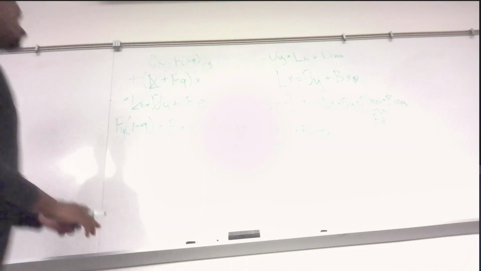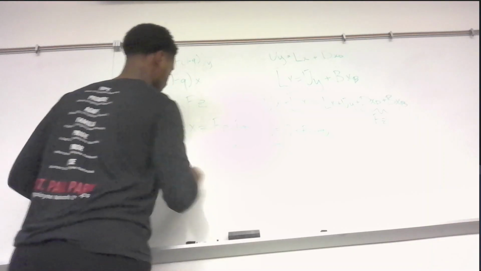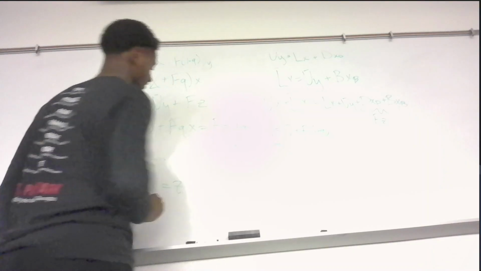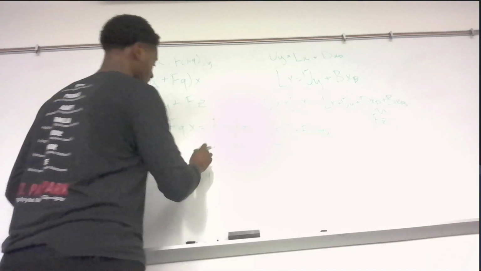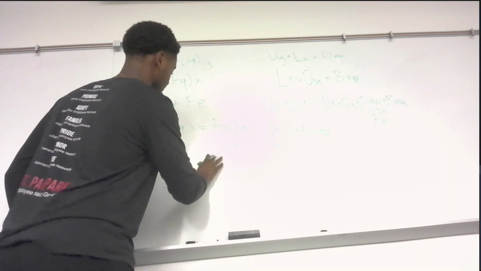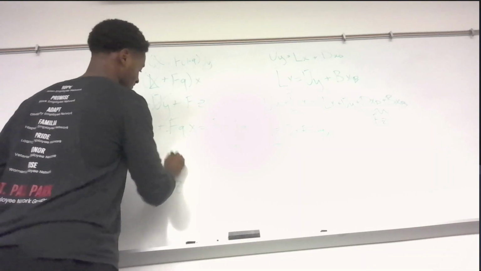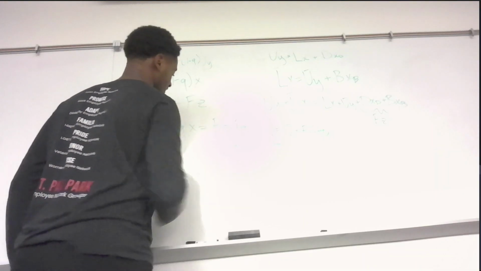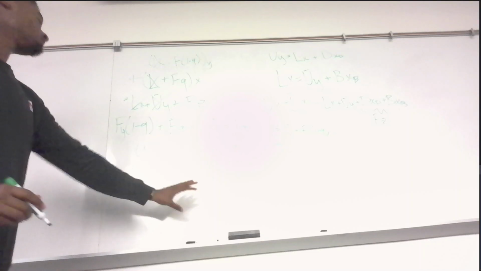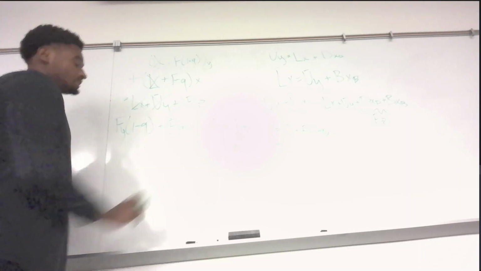When we do this, we get this right here. And then we can factor out that z, which makes this 1 minus q become 1, and then our y is equal to z.